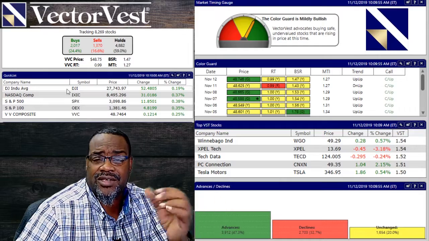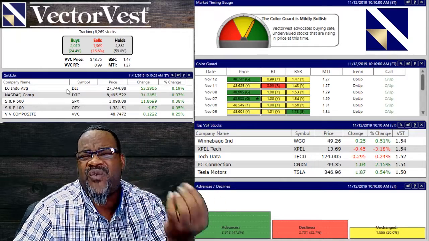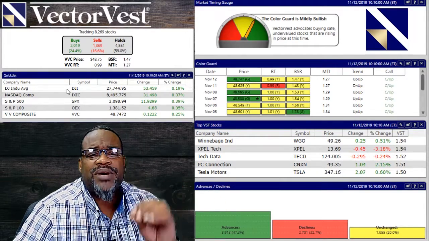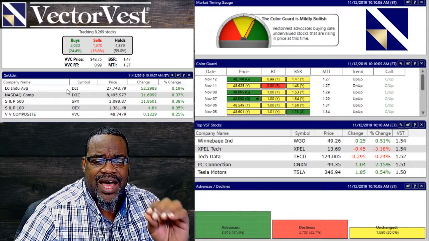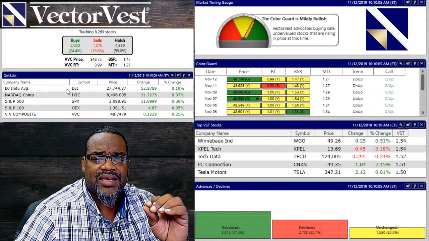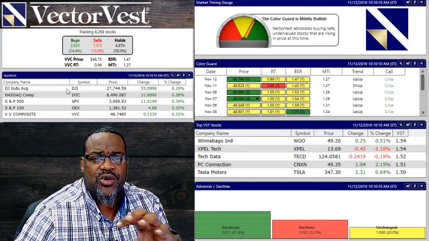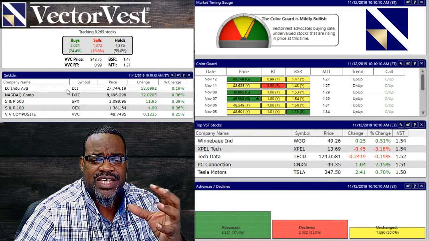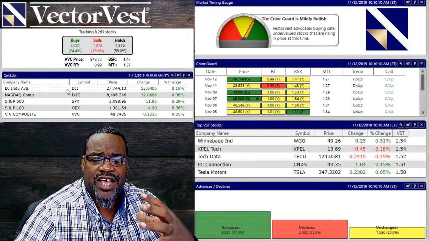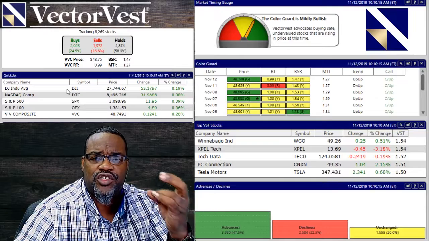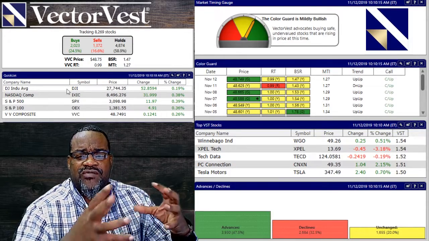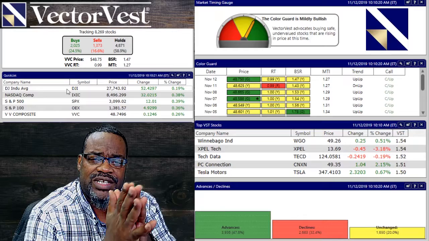The NASDAQ is a little different. It tracks the move of about 4,300 stocks or so. But that index, the IXIC or NASDAQ, is very tech-weighted. So a majority of the stocks in that index are tech stocks. Your Apples, your Netflix, your Googles. And even though it tracks a lot more stocks, it's very tech-heavy.